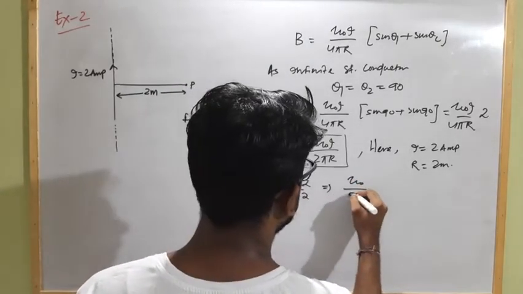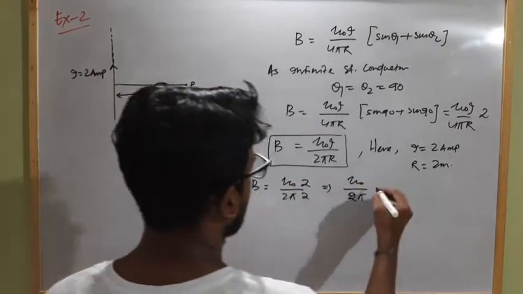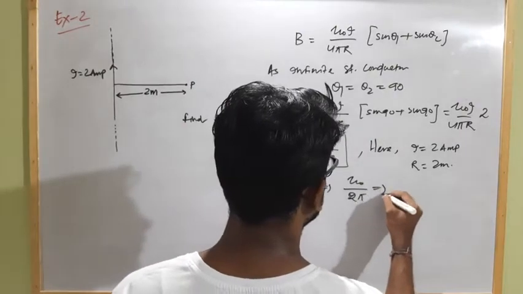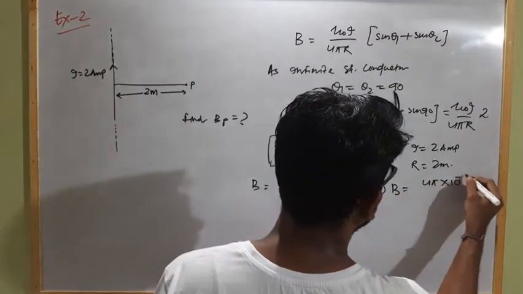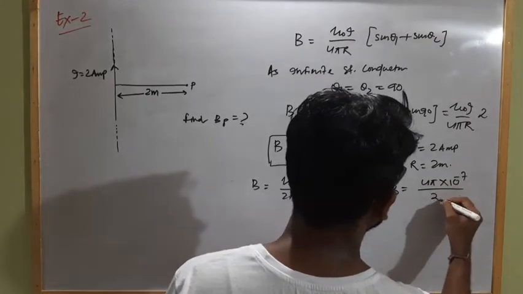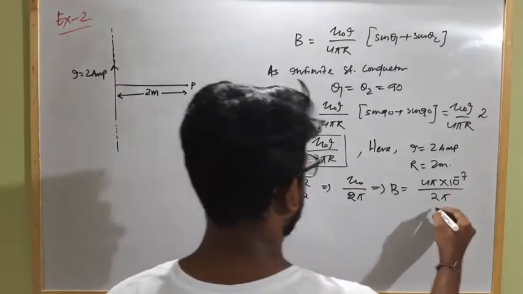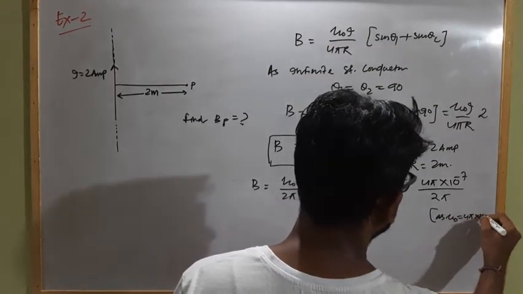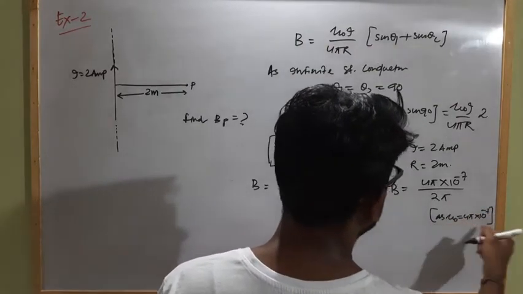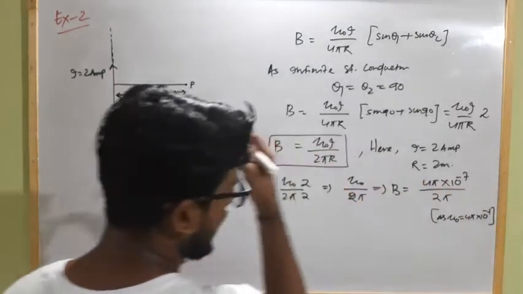Mu naught by 2 pi, and we know the value of mu naught is 4 pi into 10 to the minus 7, the value of mu naught in SI system, divided by 2 pi.